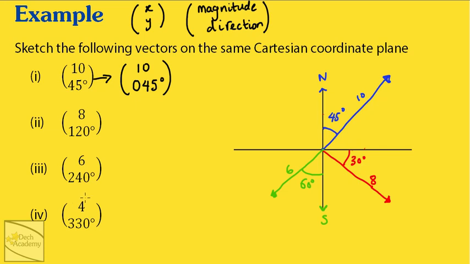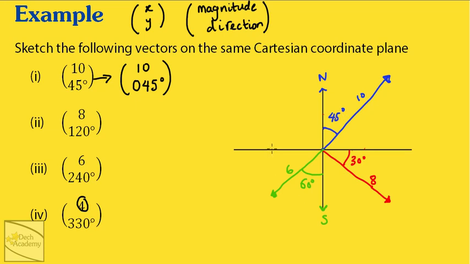As for the last vector, this is magnitude 4 and a bearing of 330 degrees. I'll use gray for this. So 330 degrees, let's see, from north to south is 180 degrees, from north to west in the clockwise direction is 270 degrees.